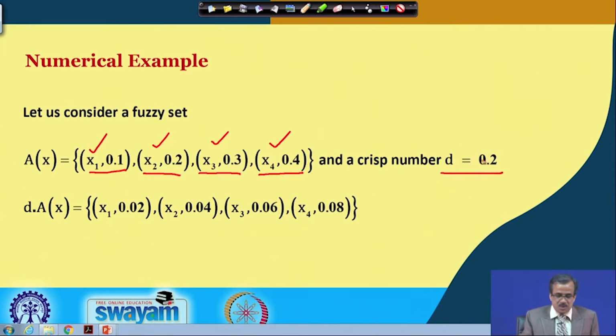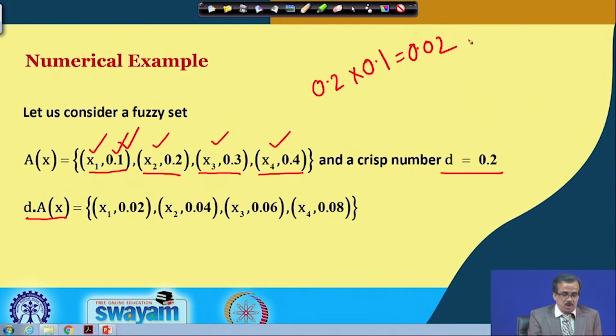Now, if d is equal to 0.2, then d multiplied by A(x) will become equal to, for x1, d multiplied by the mu value, so 0.2 multiplied by 0.1, and this is nothing but 0.02. So, corresponding to x1, we have 0.02.